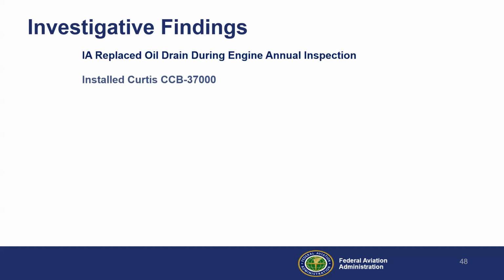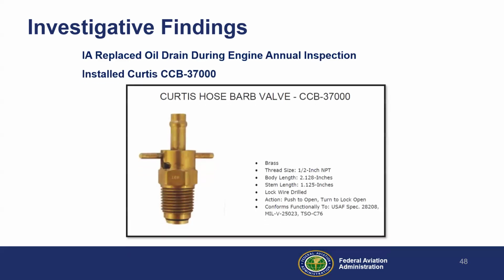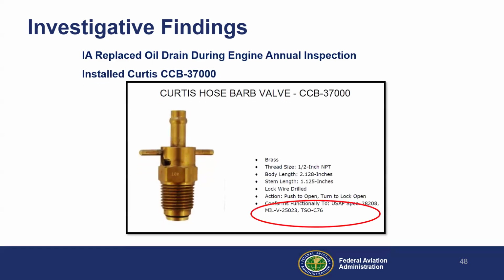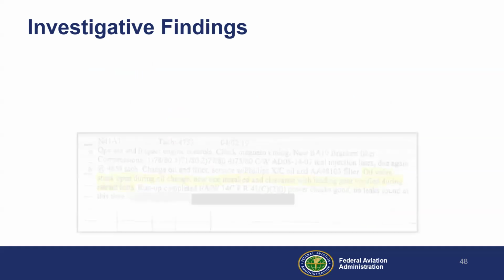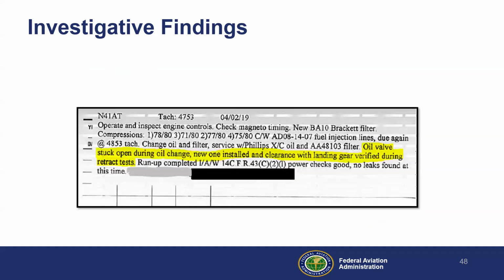So the IA replaced the oil drain during an annual because it was leaking. And he used this, which looks like an approved part. It lists a mil number and a TSO. There's the log entry.